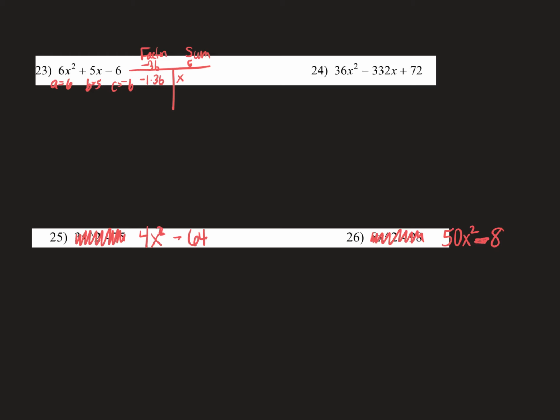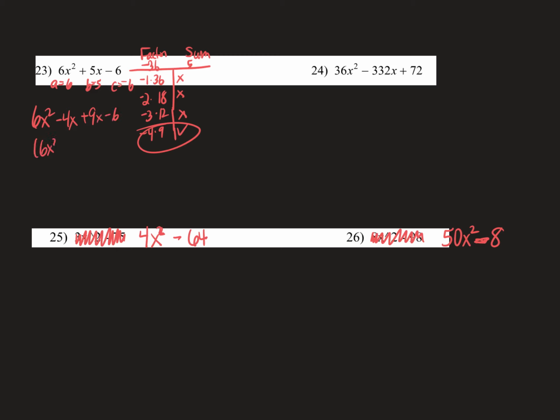That's not it. Negative 2 times 18, that's not it. Negative 3 times 12, that's positive 9, I'm getting closer. Negative 4 times 9, that's it. That's what works. So 6x squared minus 4x plus 9x minus 6.